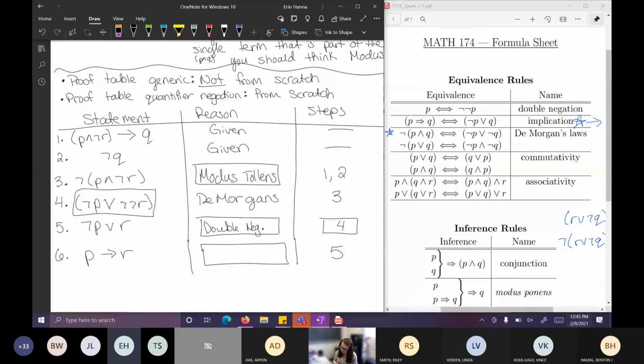And then we're told that the next one is used from line 5. So we're going from line 5 to line 6. We're starting with not P or R and resulting in P implies R. If you're not sure, you would want to look over your rules and look for one that deals with both an implication and an or.